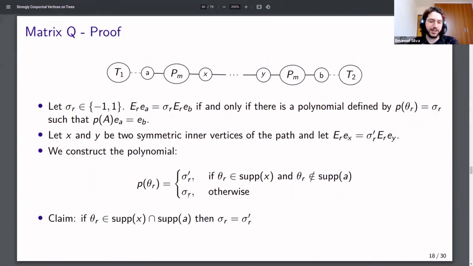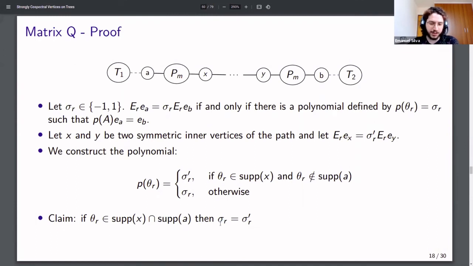And it is going to do this if for every eigenvalue that belongs to the support of both X and Y, sigma r is equal to sigma r prime.